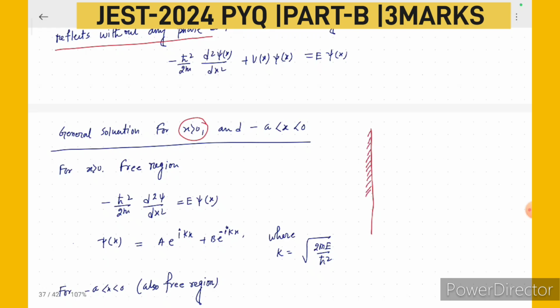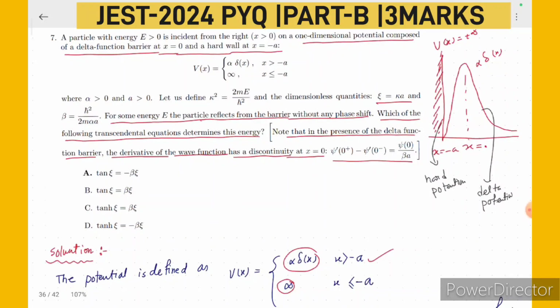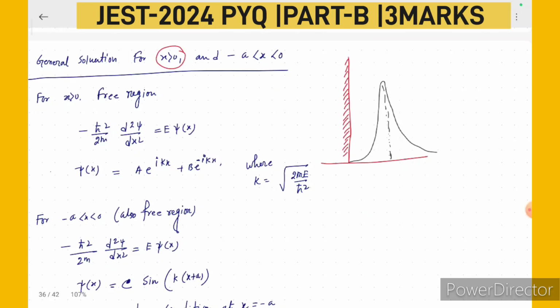So we just plot here the potential barrier. It is a delta function barrier at x equals 0, and a hard wall at x equals minus a.